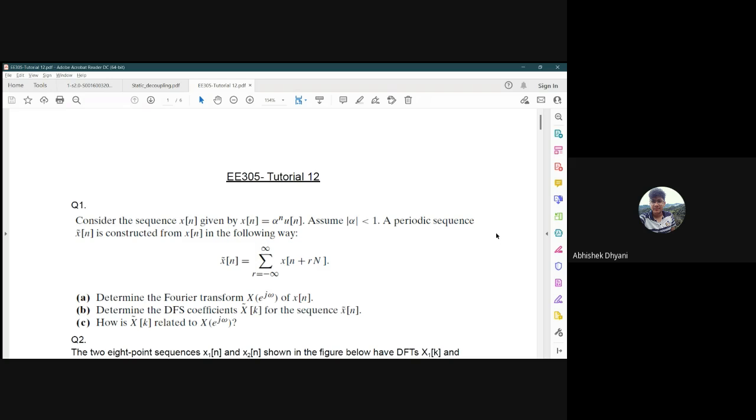So x of n will be there on the left as well as on the right of the original sequence.